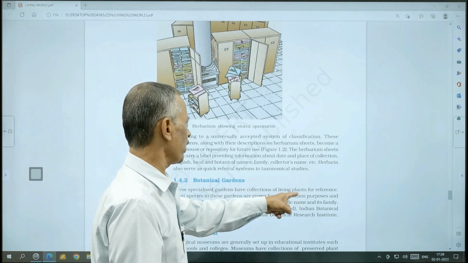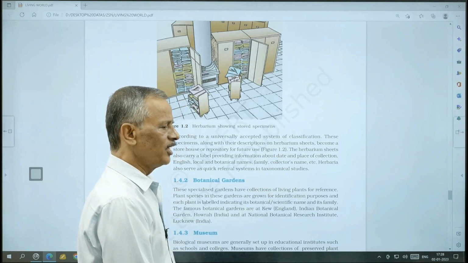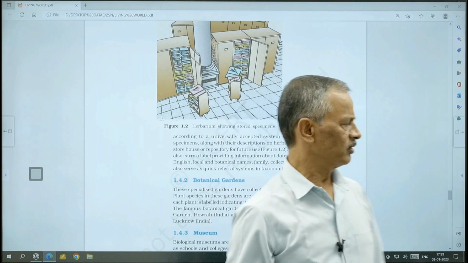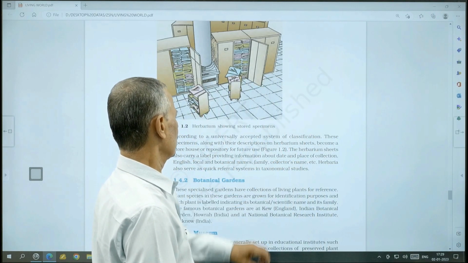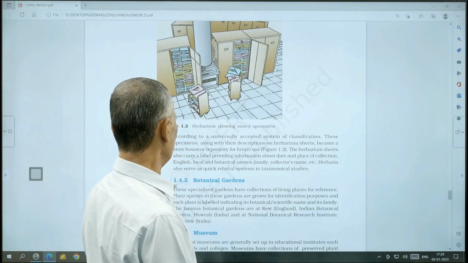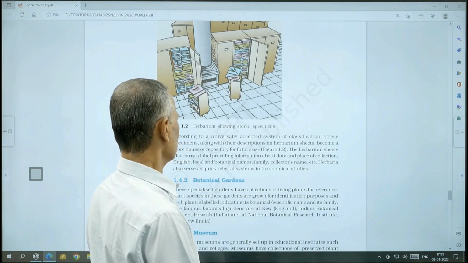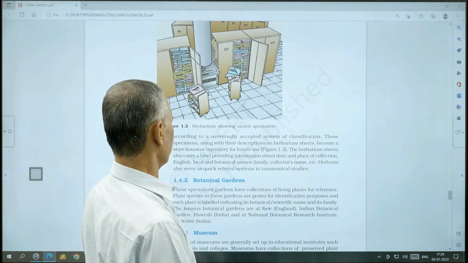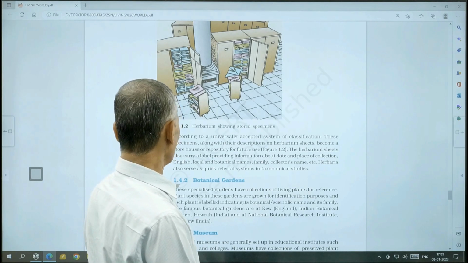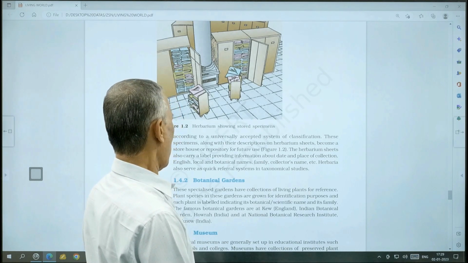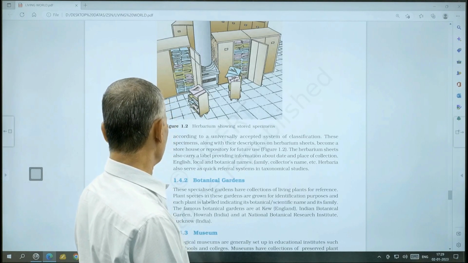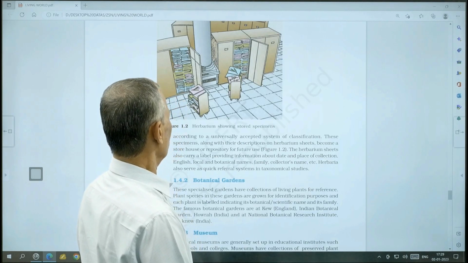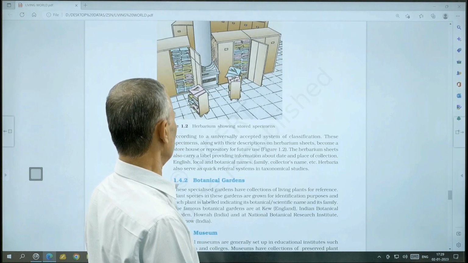Gardens are grown for identification purposes, and each plant has a small note indicating its botanical name, its family, etc. The largest and most famous botanical garden is the Kew Garden in England. The Indian Botanical Garden in Howrah and the National Botanical Research Institute in Lucknow are the most well-known botanical gardens in India.